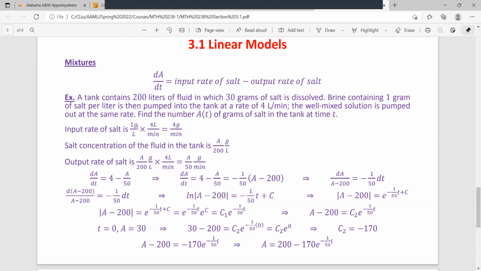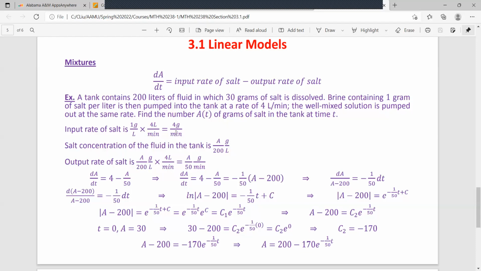If we multiply the concentration and the flow rate, you get 4 grams per minute, since you cancel the liters. That's the input rate of pure salt. So there are 4 grams of pure salt entering the tank per minute.